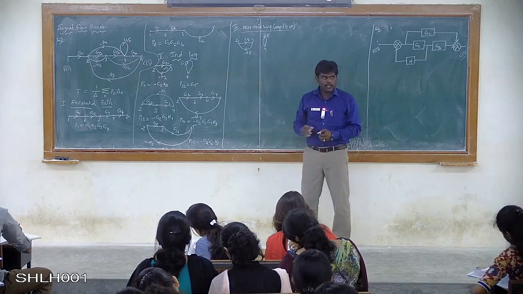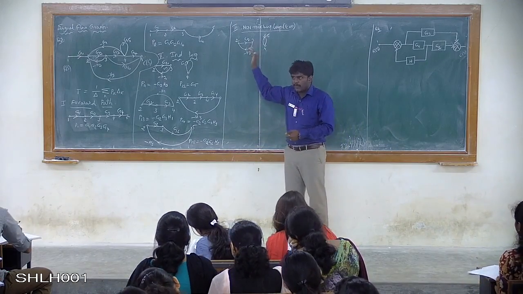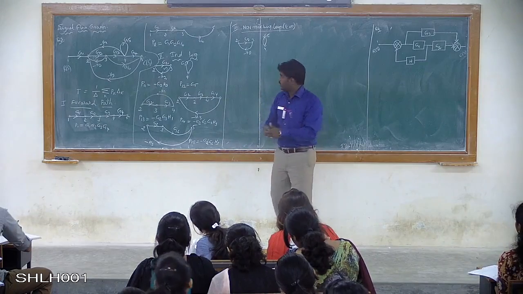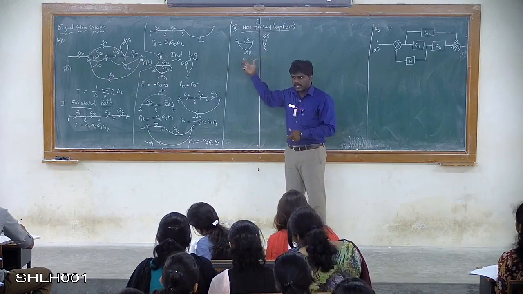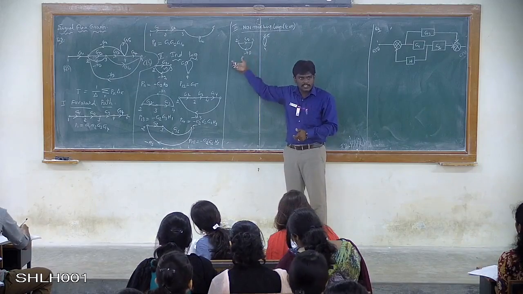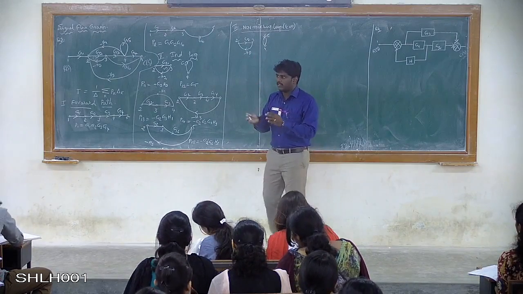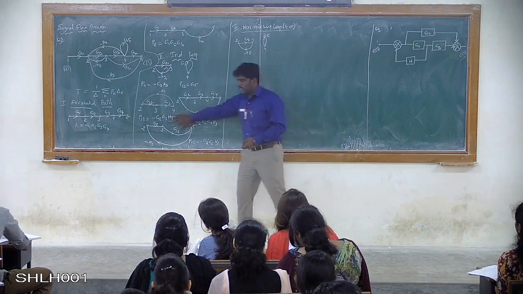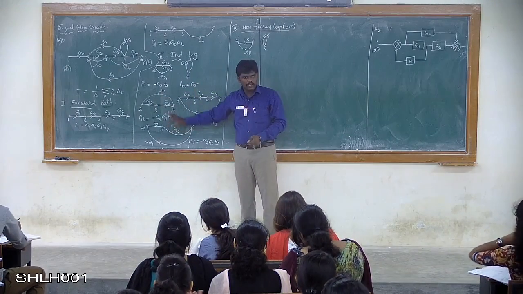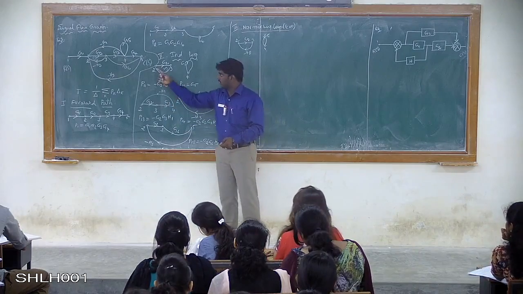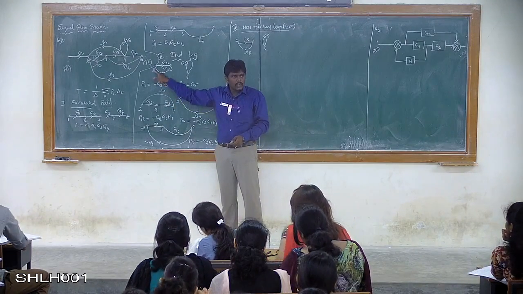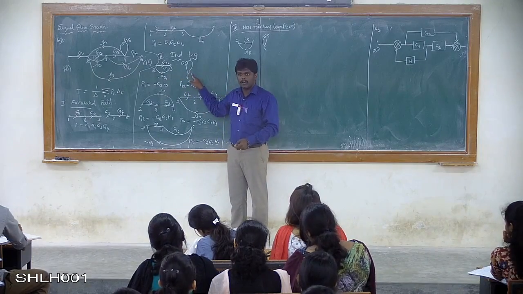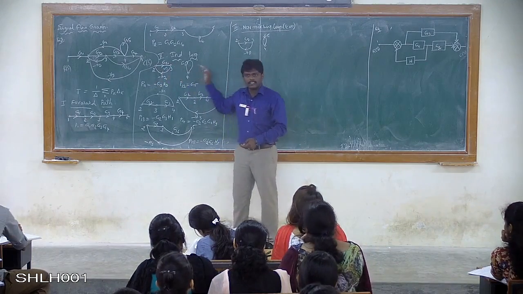So here what we have done is that we have identified two individual loops which are not touching each other. How can we identify whether they are touching or not? This is all based on the node numbers. We have identified an individual loop. Now we will have to see this is a loop which is using the node numbers 2 and 3, and this loop is using the node number 4. This is one loop and this is another loop.